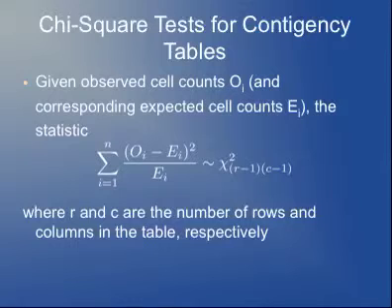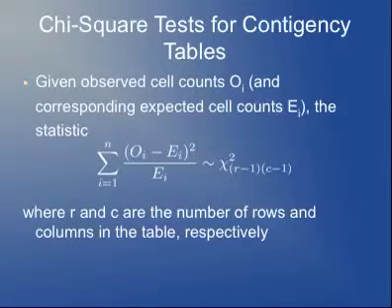You just go observed minus expected squared divided by expected, and add that up over each of the cells in the table. The only thing that's not intuitive here is the degrees of freedom. The degrees of freedom is equal to (r minus 1) times (c minus 1), where r is the number of rows and c is the number of columns.